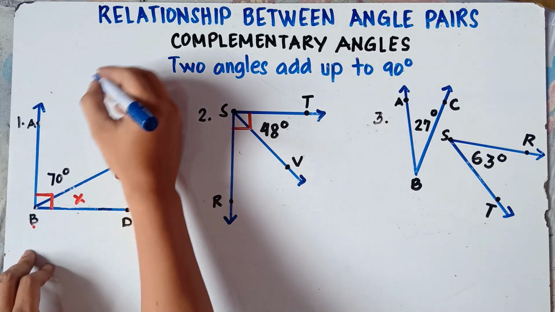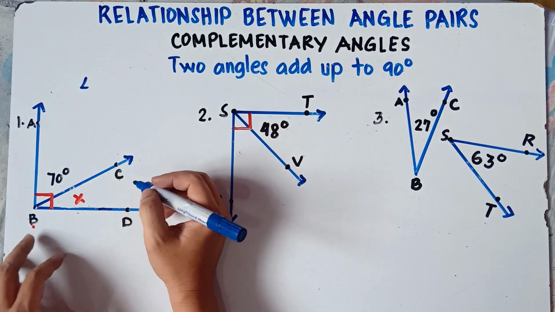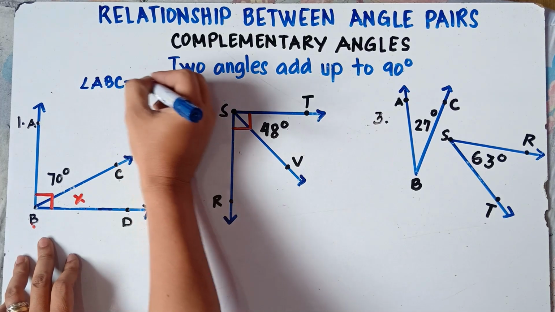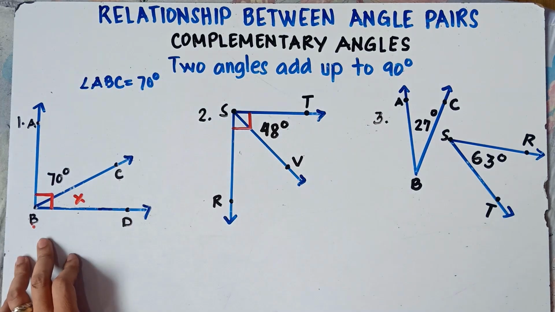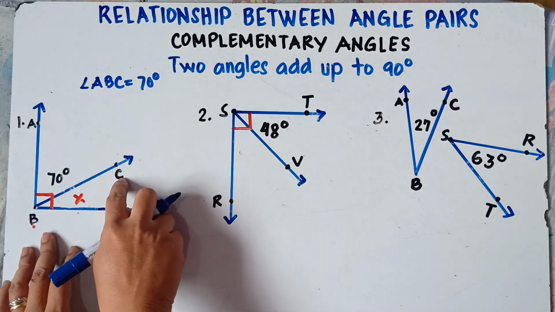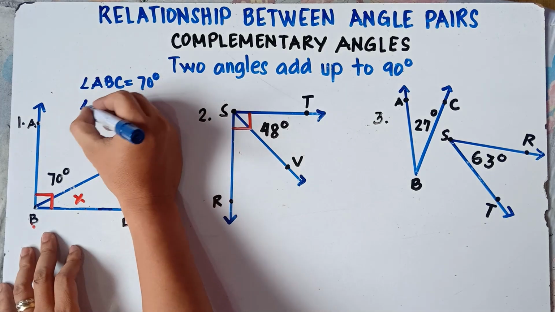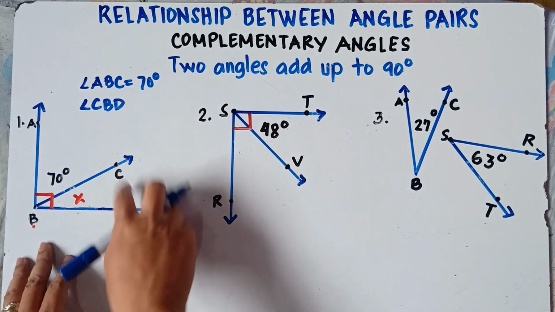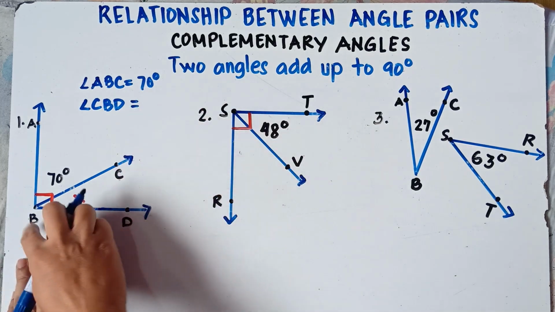So once again, let me just write down the given: angle ABC is equal to 70 degrees. And we're told to find angle CBD. You can actually read this one as DBC, that's okay, so let's just read this one as CBD.